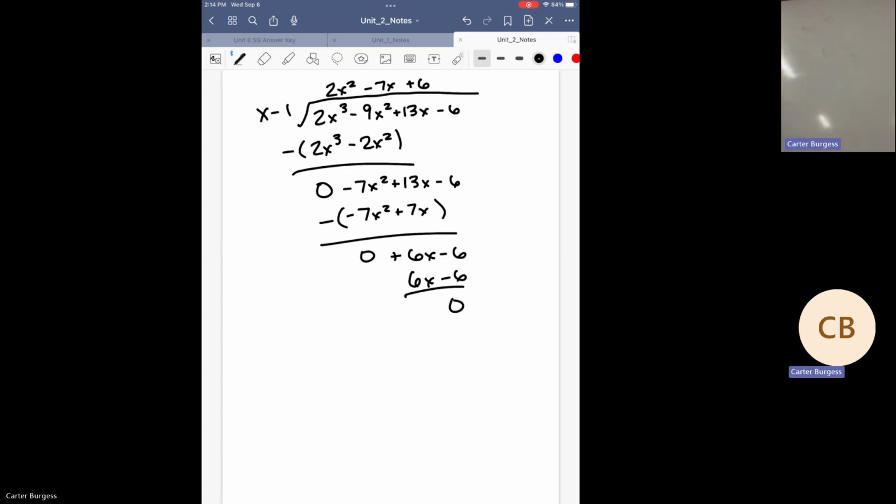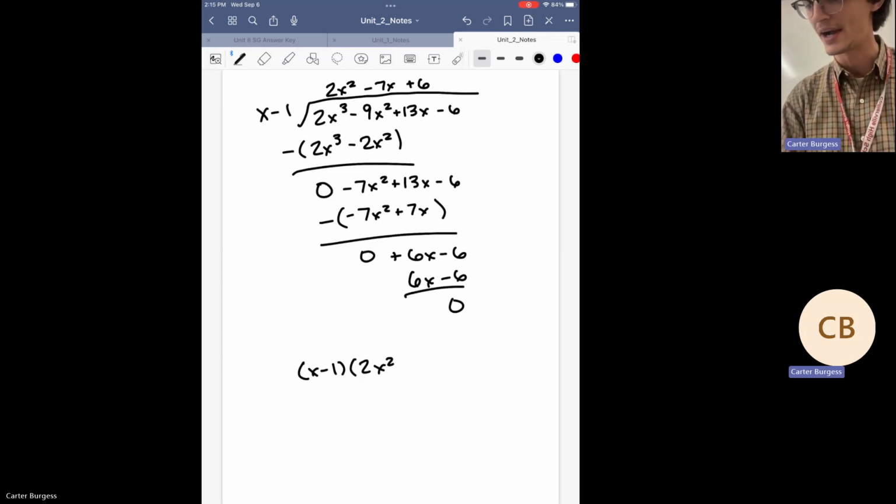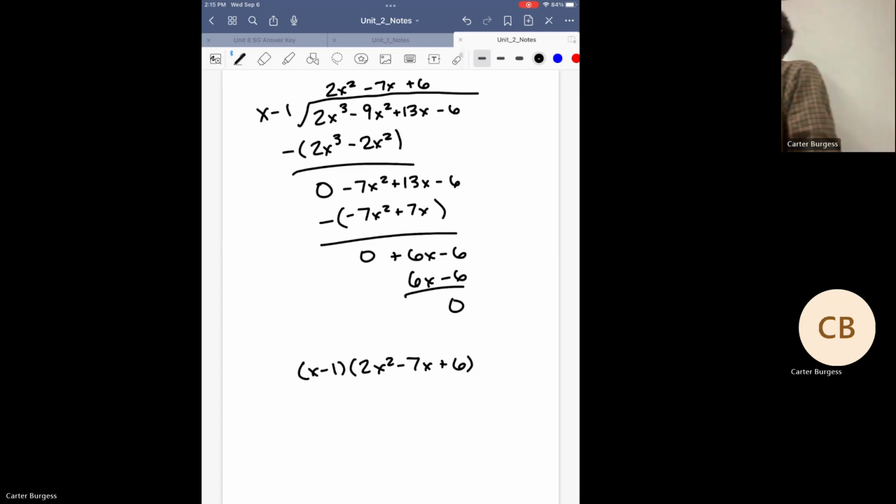Excellent. So yes, in fact, x minus 1 is a factor, but more important than that, we can now rewrite our original cubic as x minus 1 times 2x squared minus 7x plus 6.